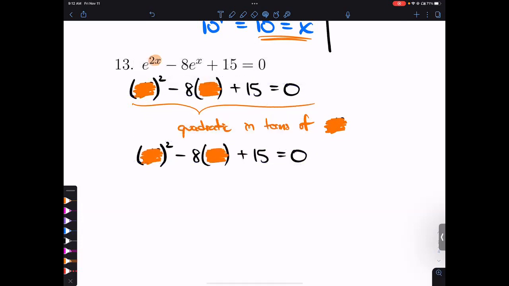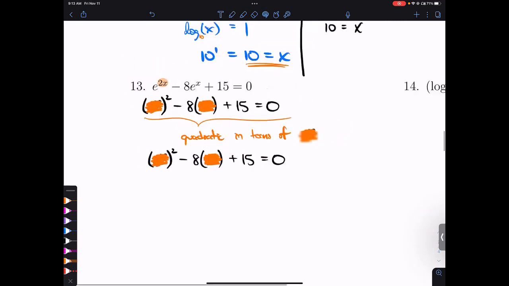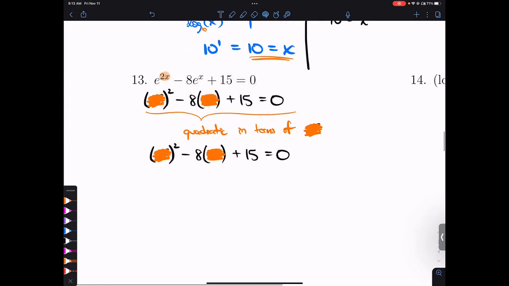You could either factor or use the quadratic formula. I guess I'll just do it both ways because why not? So to factor, I would need to find two numbers that multiply to 15 and add to -8. Well, 3 and 5 are both factors of 15, and if they're both negative, that would work.